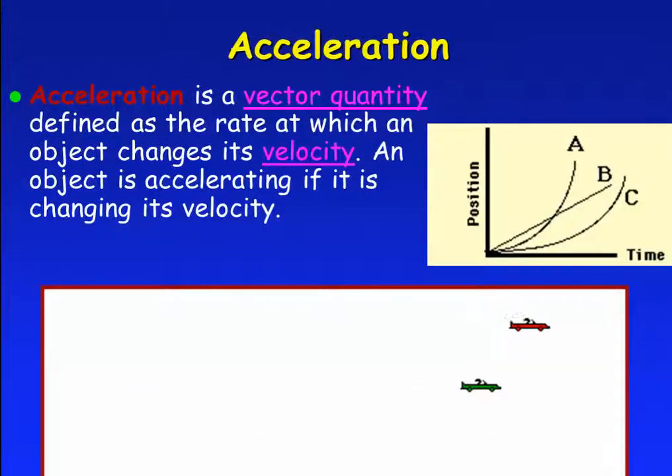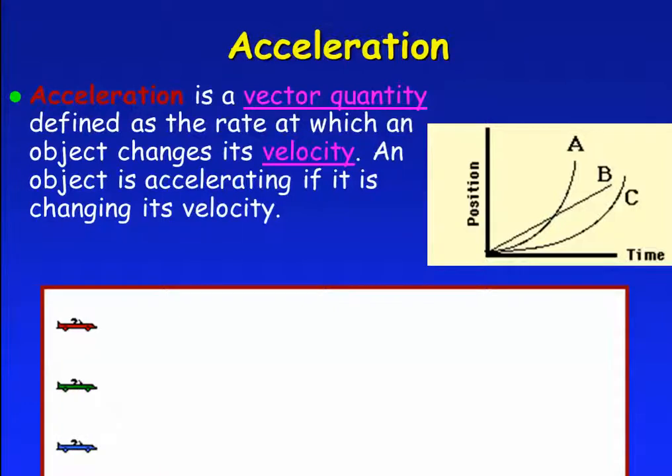And velocity can be changed by changing size or magnitude, so how fast can change, but also direction can change, and that's acceleration. So if you turn and start going in a different direction, you have accelerated, even if your speed stays constant. A car has 3 accelerators, actually, even though we really only call the gas pedal the accelerator. The brake is also an accelerator. It's a negative accelerator. And the steering wheel is the 3rd accelerator.